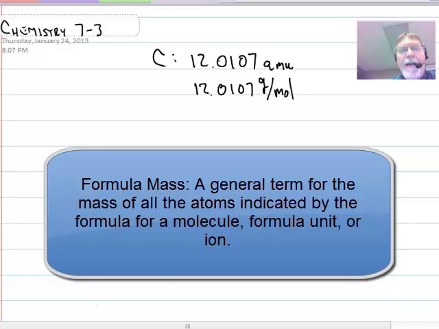We can deal with that with molecular compounds, but there are some compounds that don't form molecules, specifically the ionic compounds, and so technically you cannot use that name for those. So just get used to using the term formula mass. It's more generic. It includes molecular mass, but it also includes the masses when no molecules are formed.